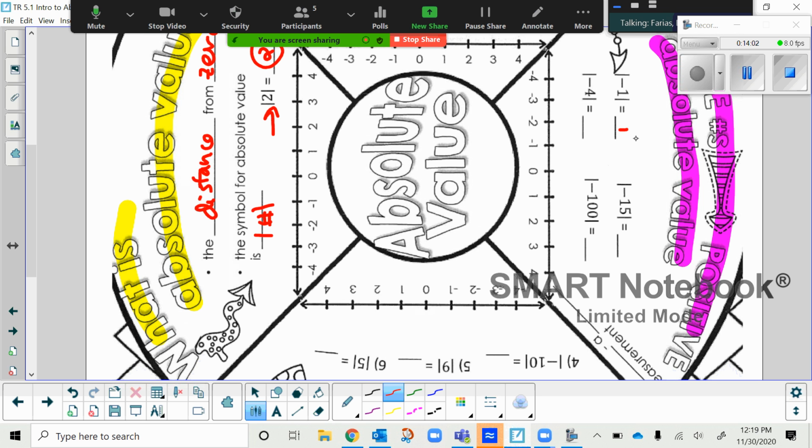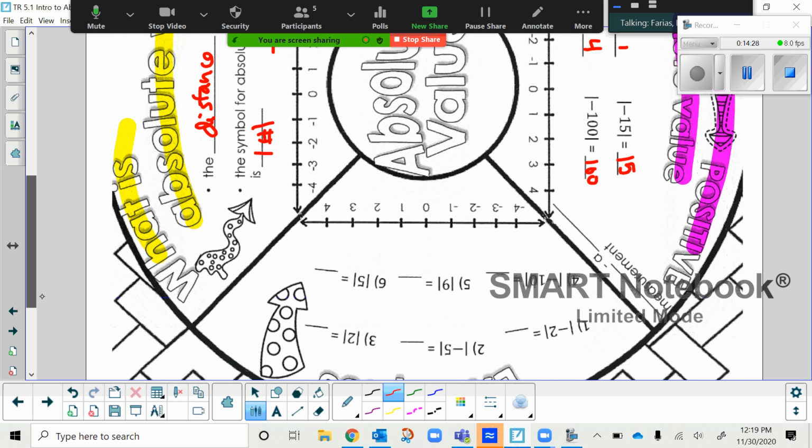The absolute value of -4? Absolute value of -15? And absolute value of -100. So that section's just reiterating that negative numbers still have a positive absolute value.